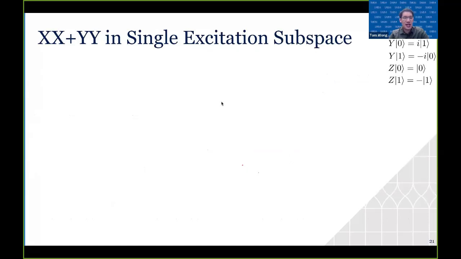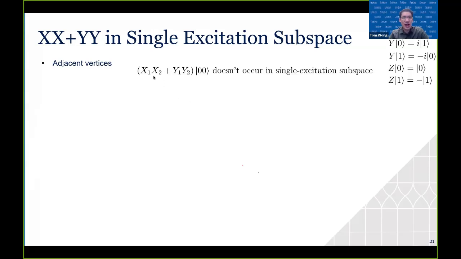Okay, so let's see how that XXYY Hamiltonian acts in this single excitation subspace. And we're going to look at pairs of adjacent vertices. So we'll see, how does XXYY act on, say, 0, 0? Well, in the single excitation subspace, you can't have an excitation at 2 vertices, so this just doesn't occur.